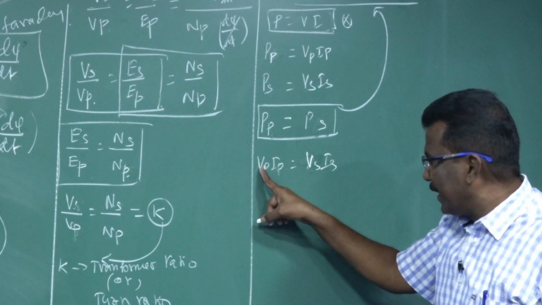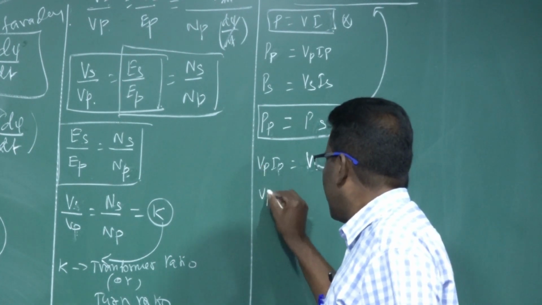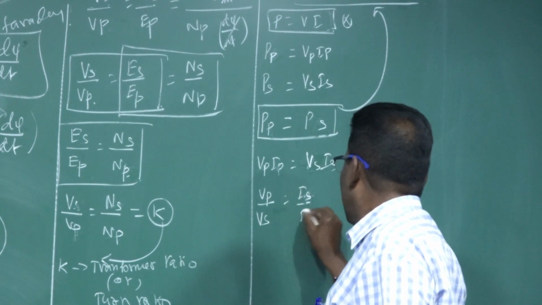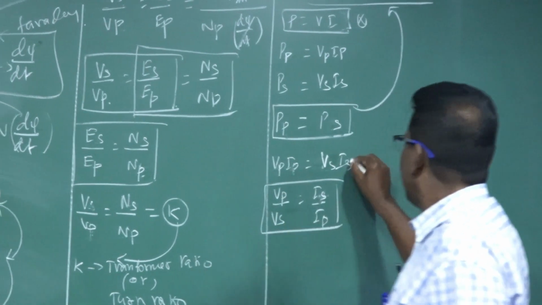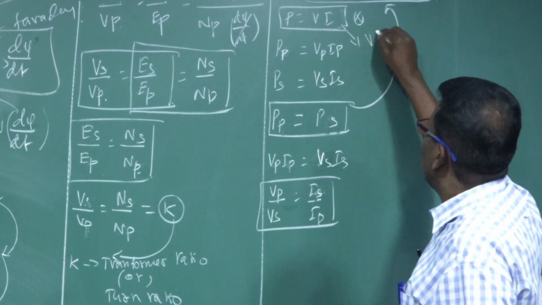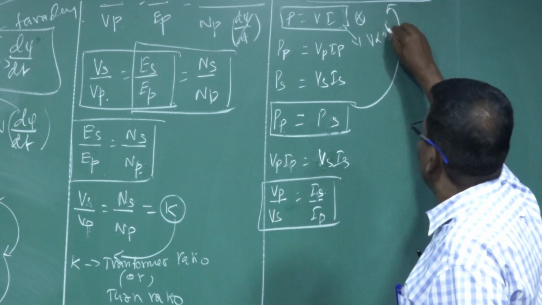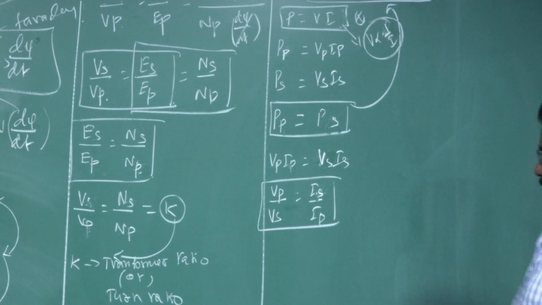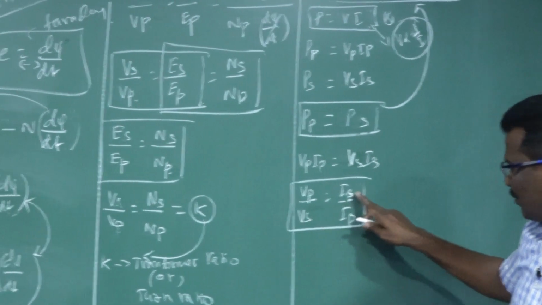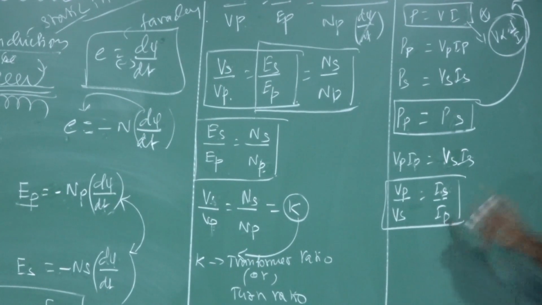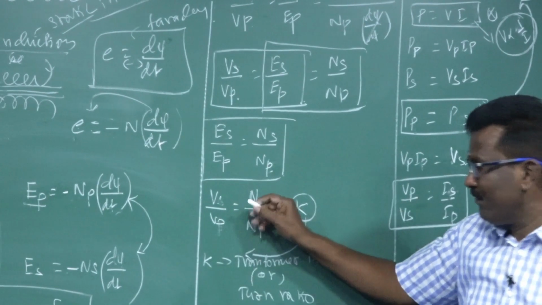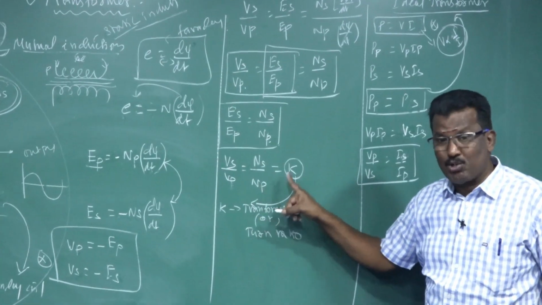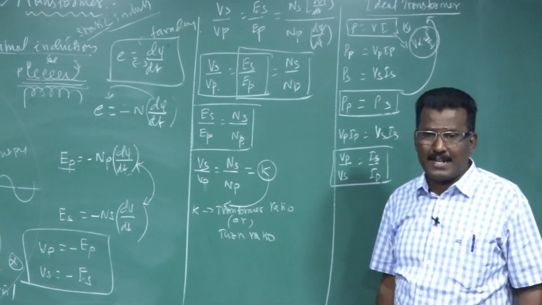So Vp by Vs is equal to Is by Ip. Here V is proportional to 1 by I: voltage and current are inversely proportional. In the previous case of the turn ratio, Vs by Vp is equal to Ns by Np, which is equal to K, the transformer ratio.